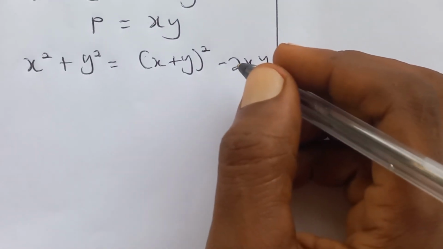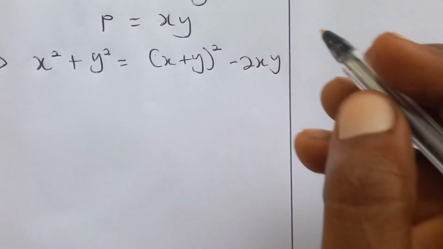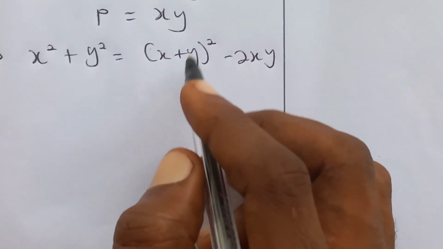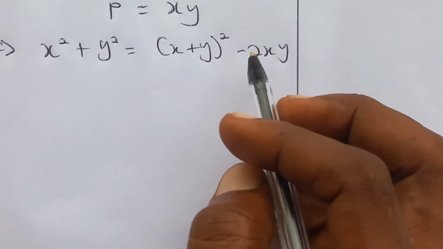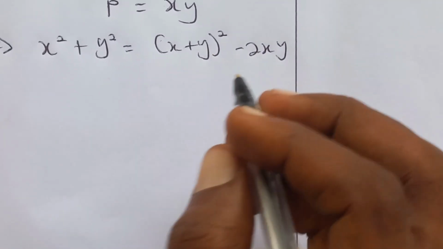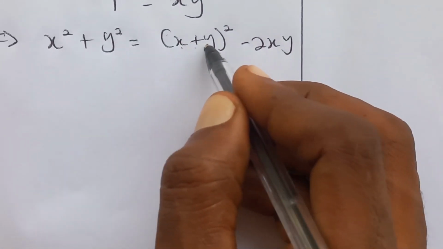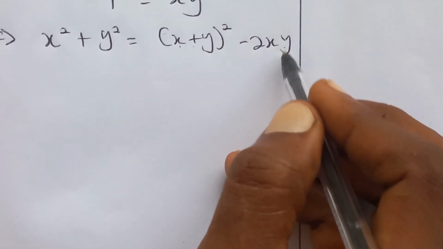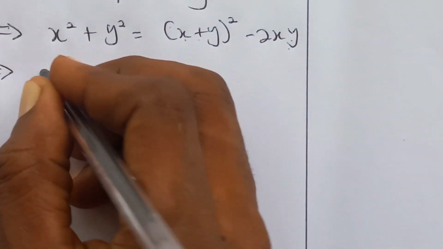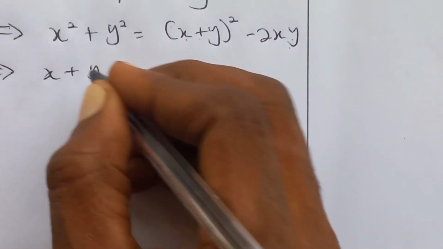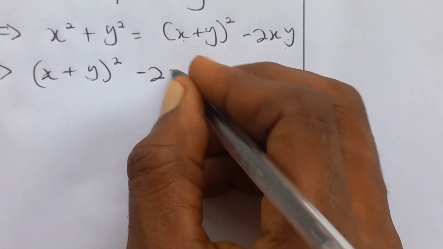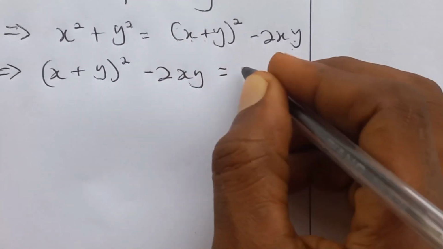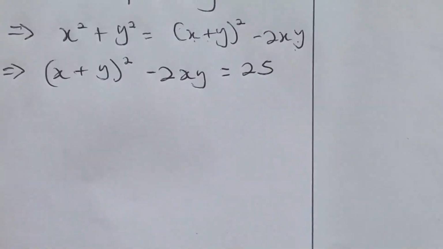Okay, so we have to substitute the known values in this equation. So we have x plus y all squared minus 2xy, which is equal to 25, from equation 1.